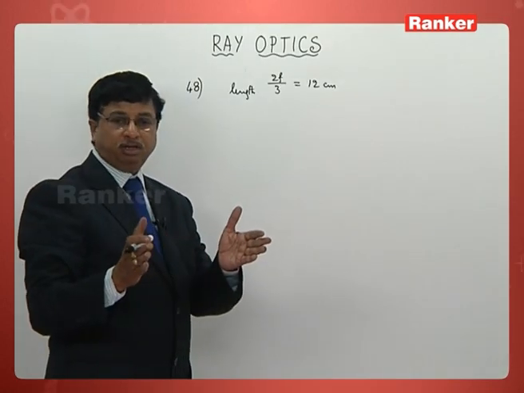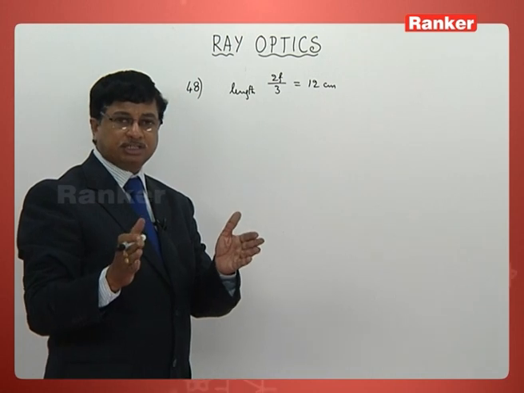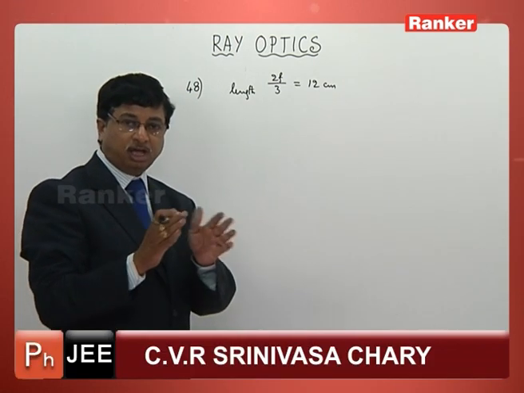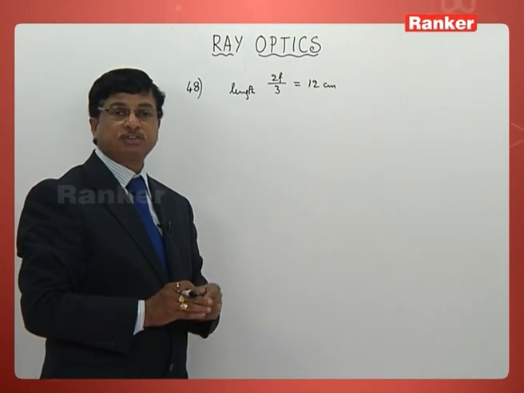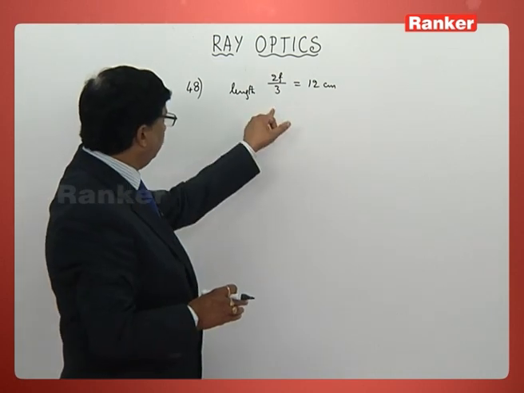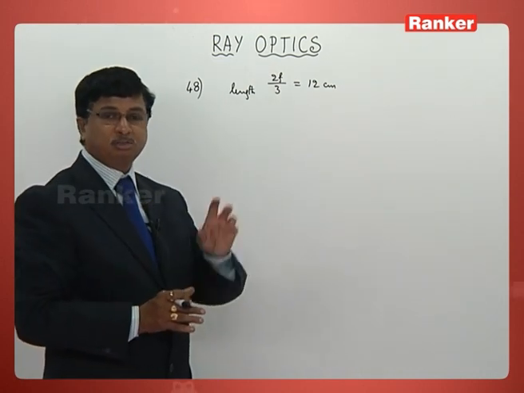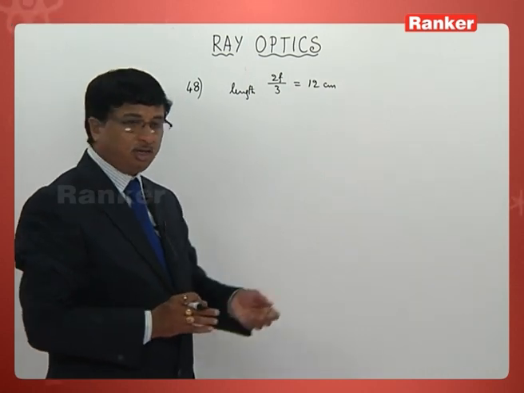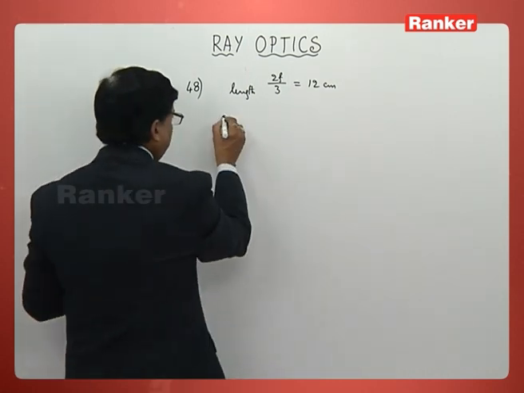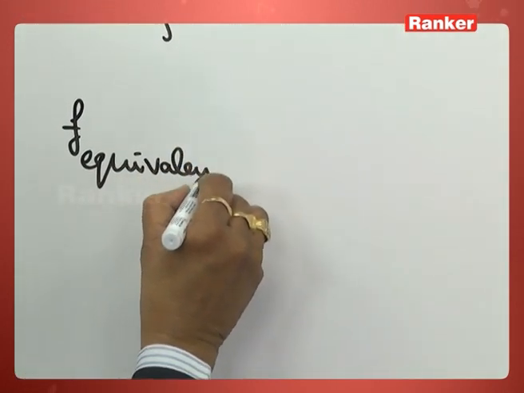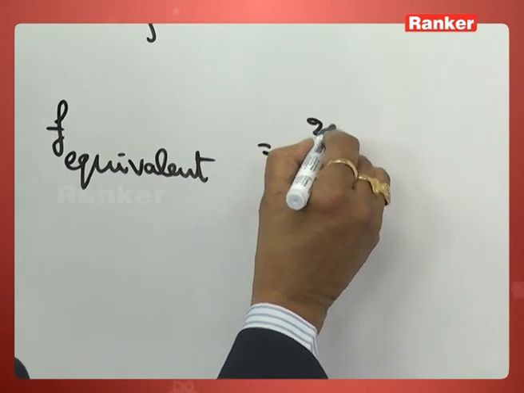Distance gap between the lenses in Ramsden's eyepiece, that is field lens and eye lens, they are separated by a distance of 2f by 3, that is known to all of us. So, the 2f by 3 is given 12 centimeter. Then what else is he asking? Equivalent focal length of this eyepiece.